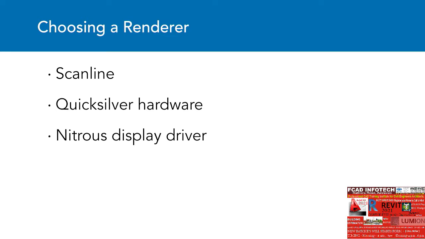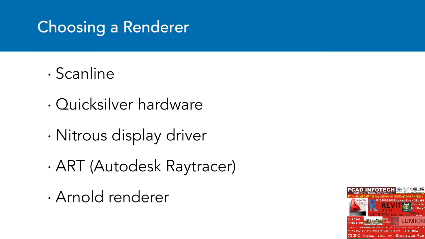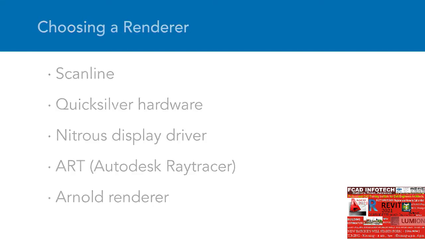It's another hardware renderer, but you actually get more options than Quicksilver does. ART, the Autodesk Ray Tracer, is a physically accurate renderer that excels at photorealistic scenes. And the Arnold renderer is now in 3ds Max 2018. After the acquisition of developer Solid Angle, Autodesk now owns Solid Angle and the Arnold renderer. It is finding its way into the various Autodesk applications.